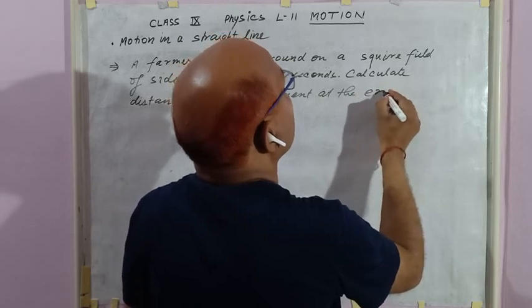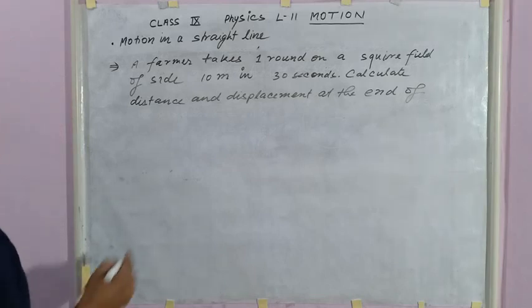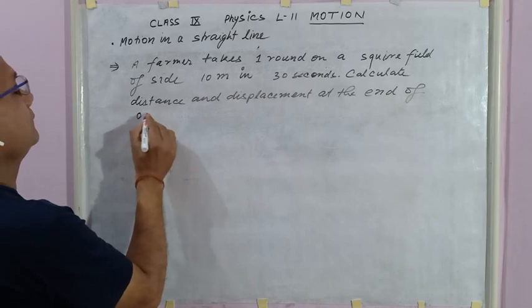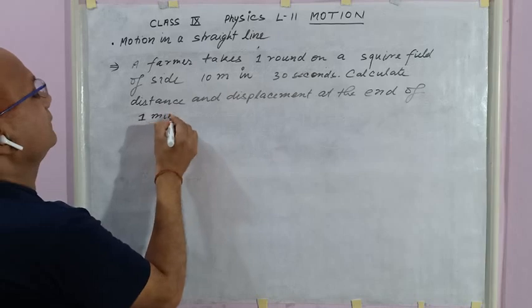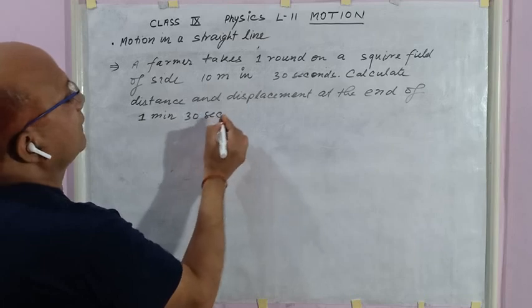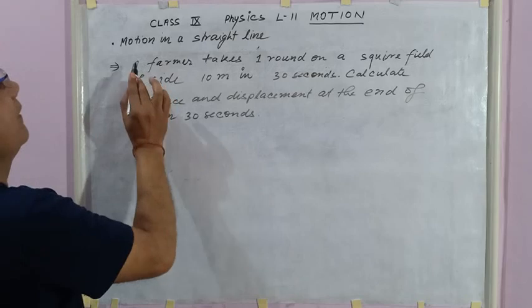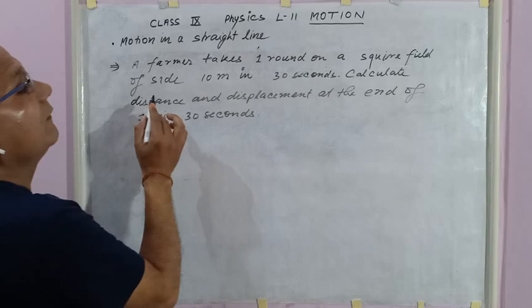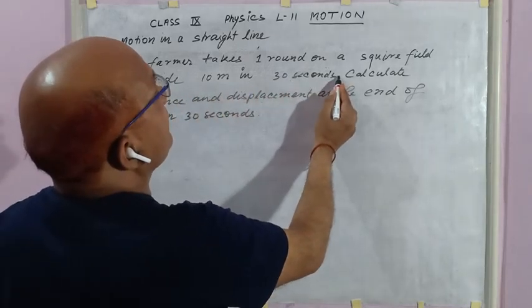at the end of 1 minute 30 seconds. A farmer takes one round on a square field of side 10 meter in 30 seconds.